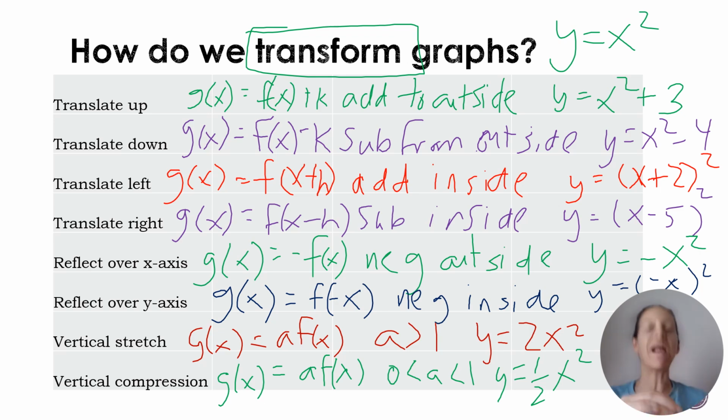We've been on this slide for a long time. This is the absolute most intense notes piece of it. But again, the vertical stretch makes it skinny, and when we compress it, it makes it wide. There is such a thing as a horizontal stretch and a horizontal compression, in which case you would be pushing it in from the sides instead of up and down.